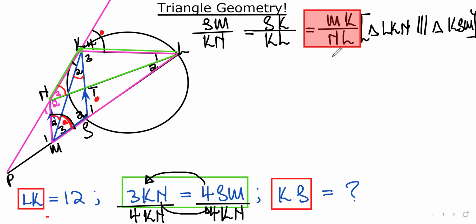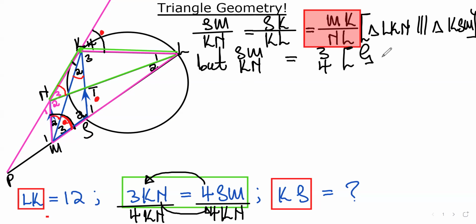I know that if I take SM and I divide it by NK, or KN, the answer is going to be 3/4. It's not something I had to think about. It's something I was given.